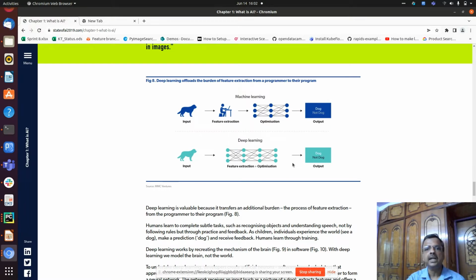And of course, after that come feature selection methodologies like the chi-square test. But the collaboration between the domain specialist and the data scientist is very, very important. It's important in both machine learning and deep learning. But in deep learning, as long as we have a good set of images that represents the problem, the deep learning algorithm is going to take care of the rest on its own.